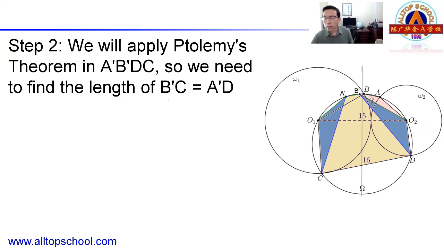We know the top length is 2 and the bottom is 16, but we really need to figure out the diagonals B prime C and A prime D. What is Ptolemy's theorem? Take a circle and any quadrilateral inside the circle, with sides A, B, C, D and diagonals D1, D2.